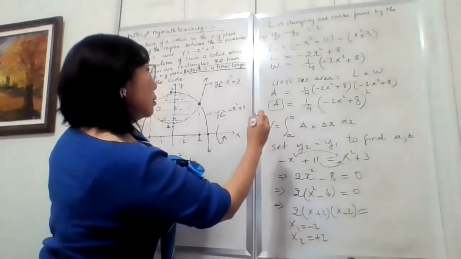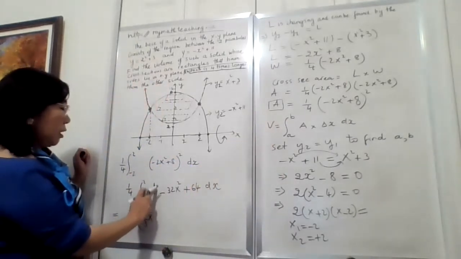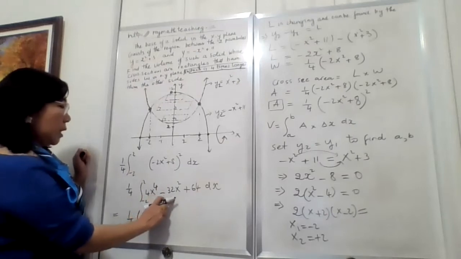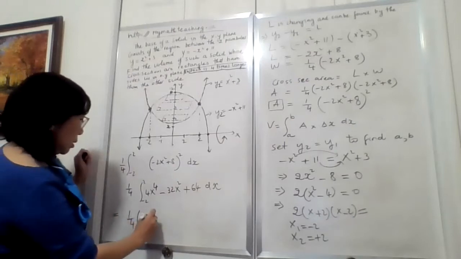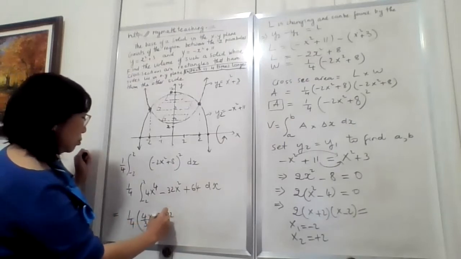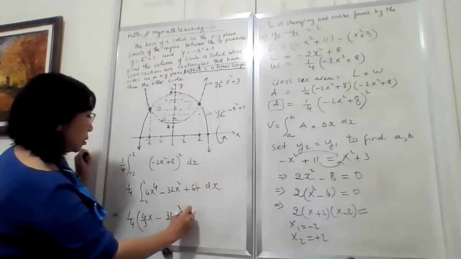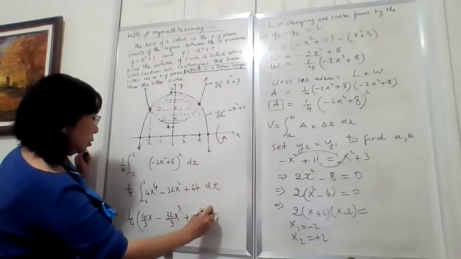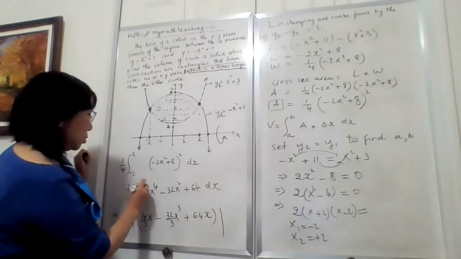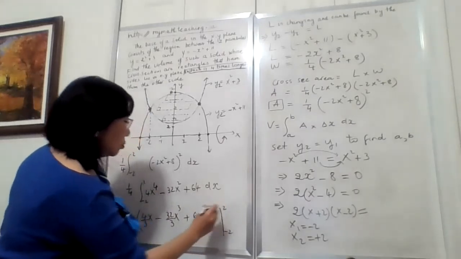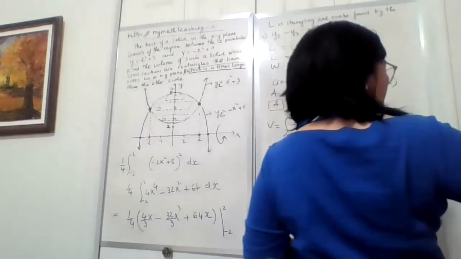Therefore, I missed something. Yeah, I just missed it here, right? So 4x to the power 5 over 5, minus 32 divided by 3 x to the power 3, adding with 64x. And close the bracket, evaluated from minus 2 to 2. So I have to continue it here.